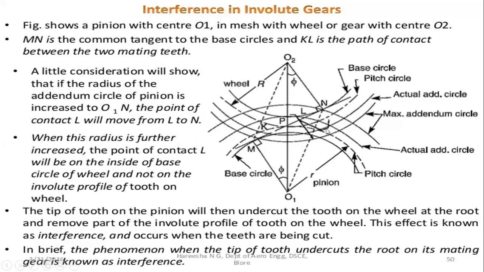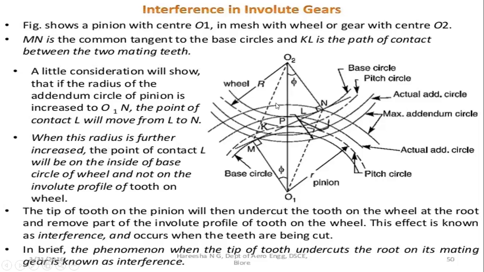These are the two gears that are going to be meshed with centers O1 and O2. MN is the common tangent line to the base circles, and KL is the path of contact between the two mating meshed teeth.